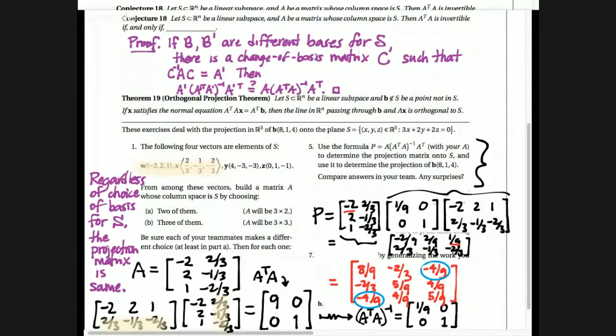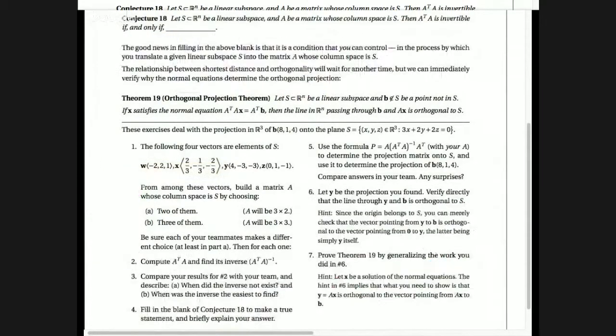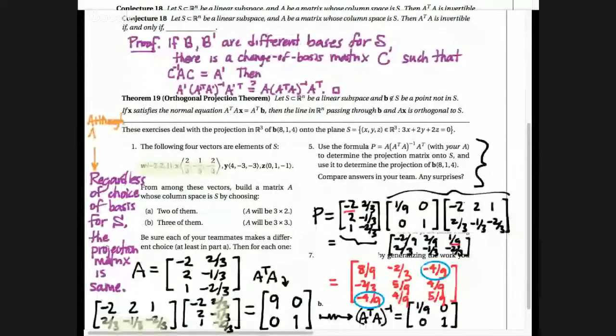So even though the A transpose A's will be different, the projection matrix P should be the same, regardless of what you have here.